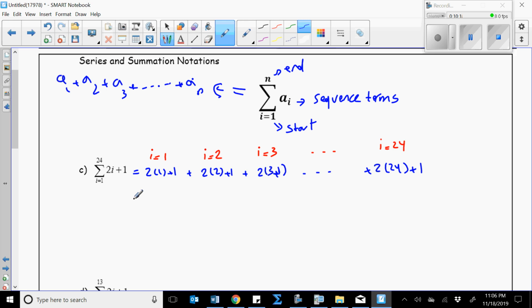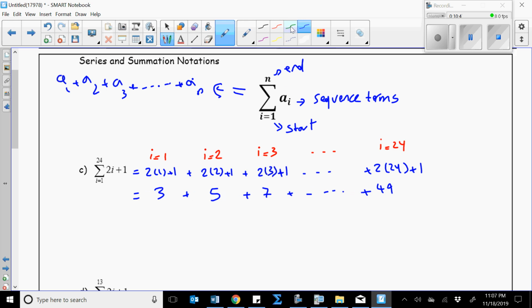So let's see what are the actual terms. So this is 3, this will be 5, and this is actually 2 times 3 plus 1, so it will be 6 plus 1, 7, and the last one is 48 plus 1, which is 49. So these are the terms of my sequence.